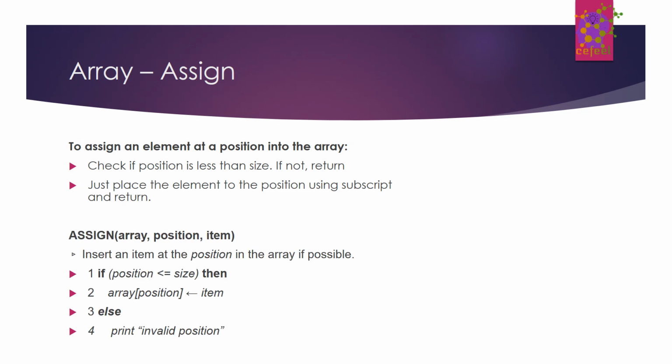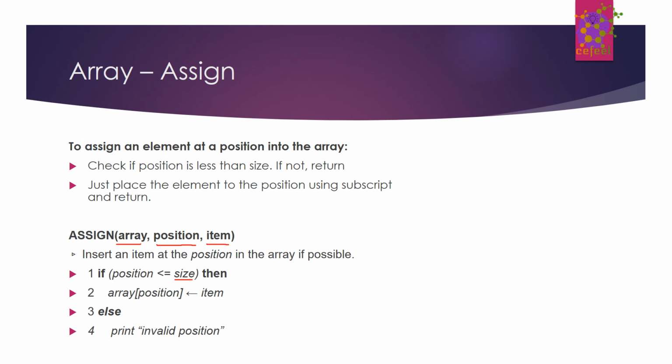So here is the algorithm for the assignment operation. As you can see, we are given an array, which is the base position. We are given a position where we want to assign an item, and the item which we want to assign. We are assuming that the array has an internal variable called size, which captures the number of spaces that are currently allocated in the array.